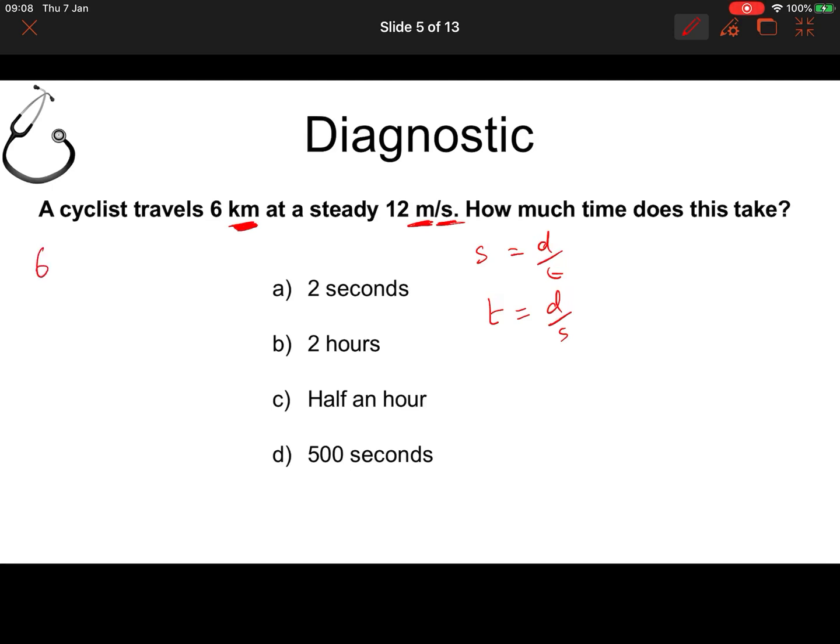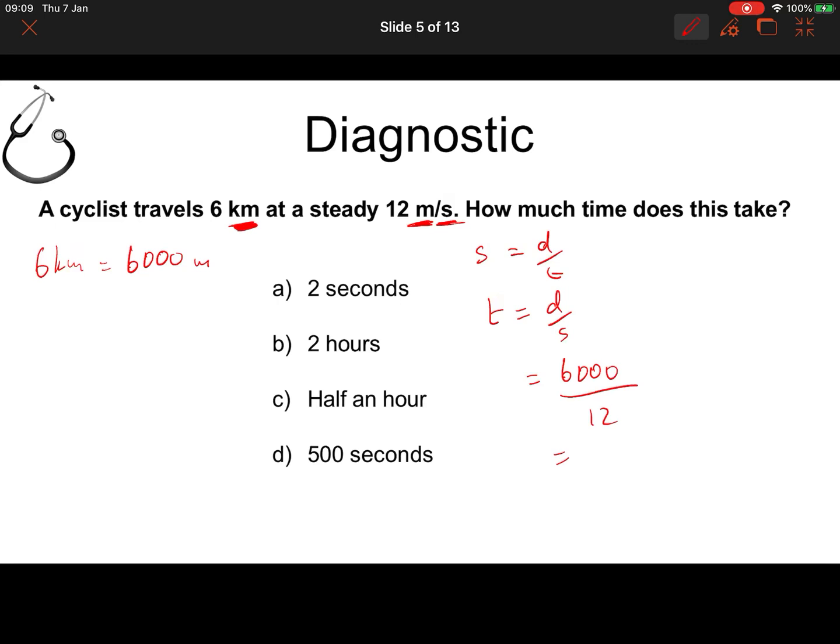Well, let's actually do both. Let's first of all do it with 6 kilometres, or 6 kilometres equals 6,000 metres. So now instead of doing D as 6, we're going to do D as 6,000 divided by 12 metres per second. So use a calculator.